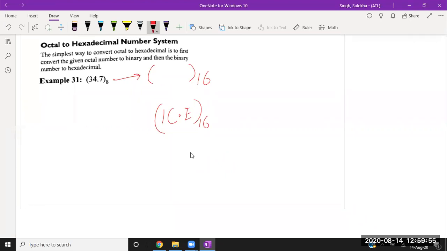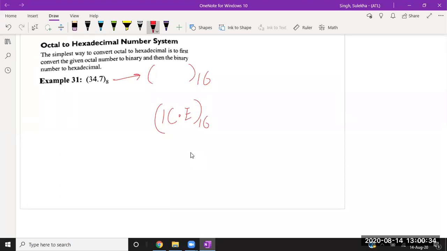Okay, so with this, conversion from one base to another base is now over with so many examples. Till this point, what you have seen is you can convert a non-fractional number, you can convert a fractional number, or you can convert a mix of non-fractional plus fractional number, from one base x to any base y.